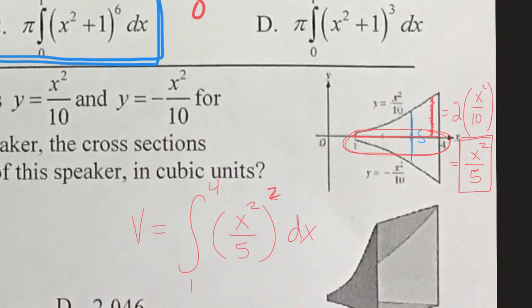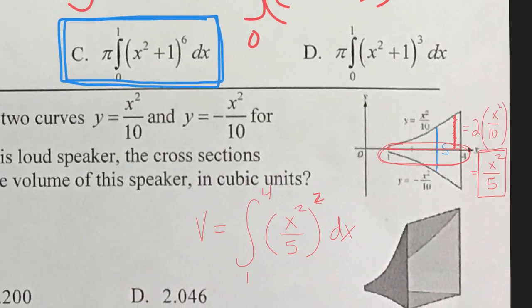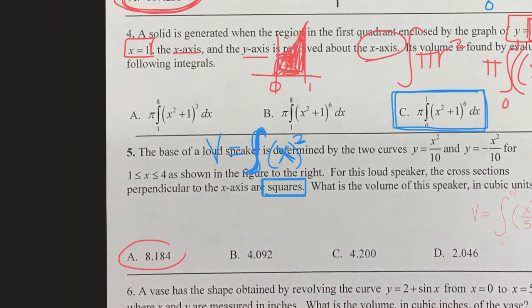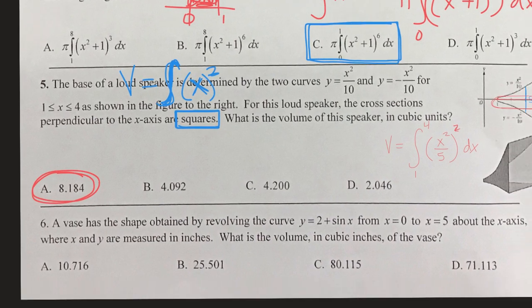So whenever we're doing these cross-sectional area questions, you have to figure out, how do I represent the side of my shape that I can calculate for every value of x? My calculator says 8.184, which is, hey, there it is, 8.184. Very nicely done.